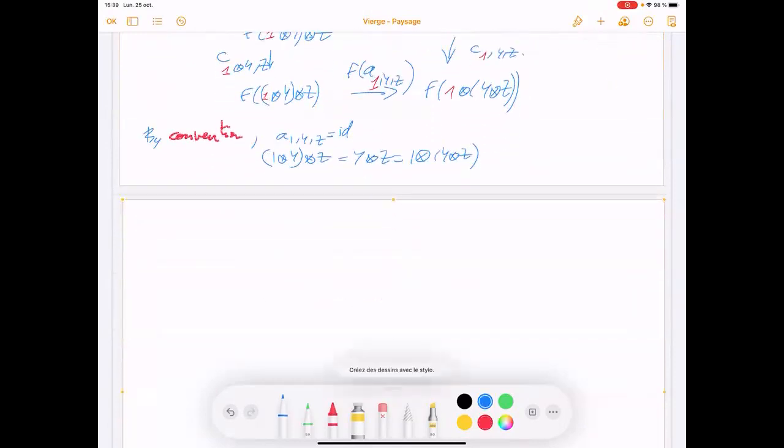So we get the following commuting rectangle.